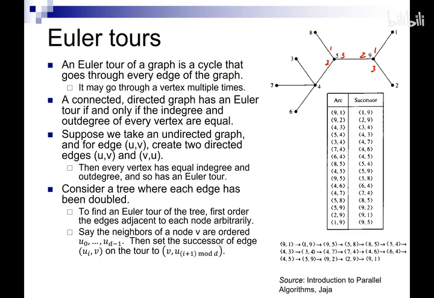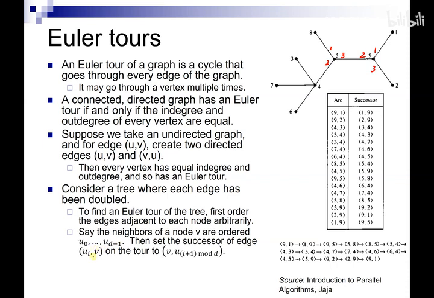In order to do that, suppose you have a node V. Now suppose that on your tour, you're coming into V through its ith neighbor. Remember that V is going to order all of its neighbors, so let's say that V has a total of D neighbors.